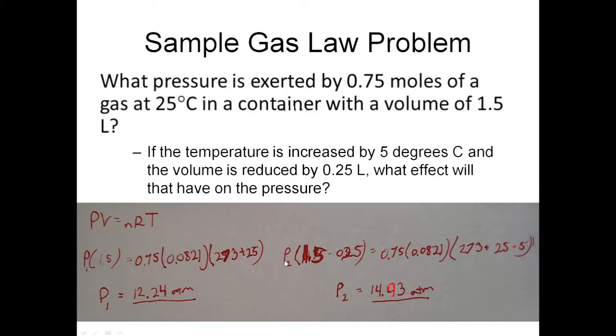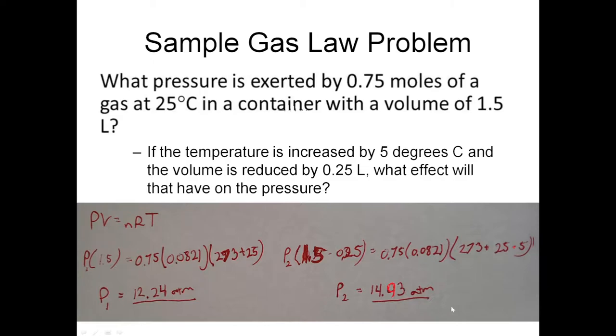Performing roughly the same algebra as before should give us an increased final pressure of 14.93 atmospheres. So as discussed, both separately increasing temperature and decreasing volume would both separately drive pressure up. We did both at the same time, so they really drove the pressure up.